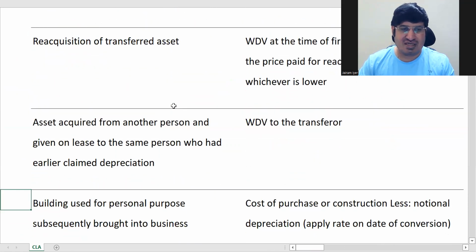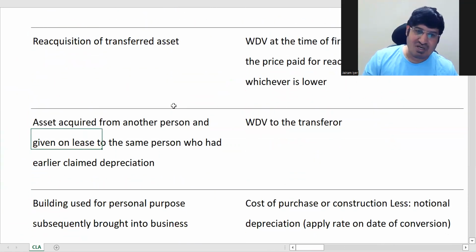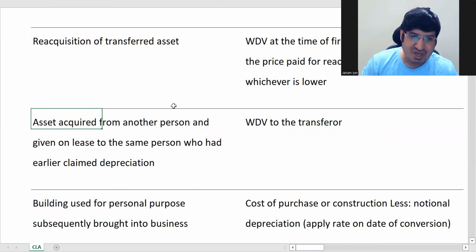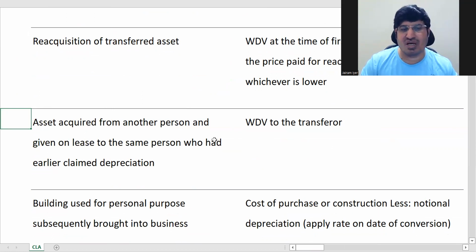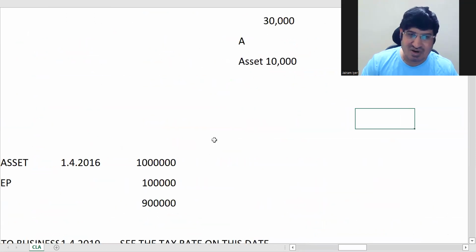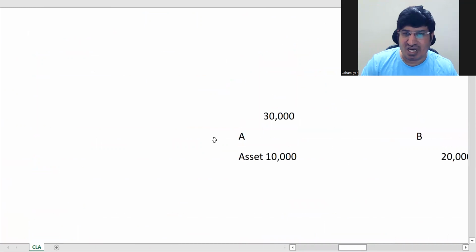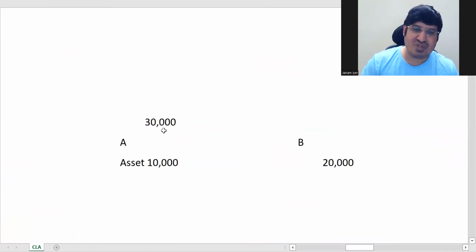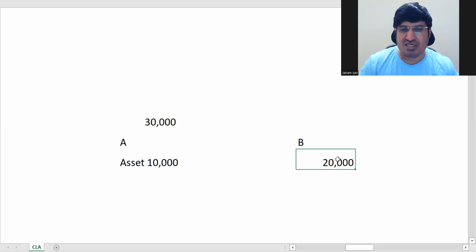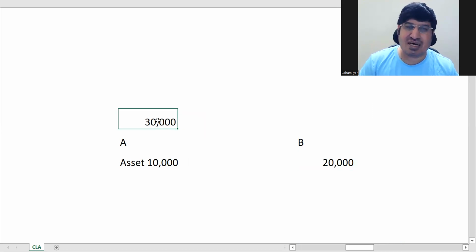Then the last is also similar. He has acquired it from another person and given it on lease to the same person who had earlier claimed depreciation. Again, here it's WDV to the transferor. In this case, this person said, okay, I am selling it to you for 20,000. But you don't sell it to me, because they are watching these transactions closely.